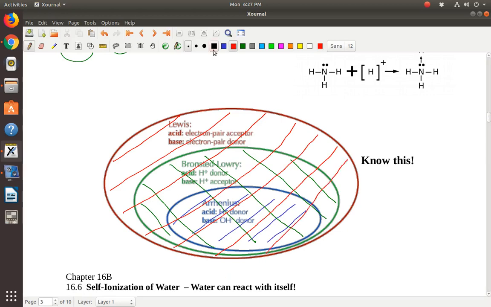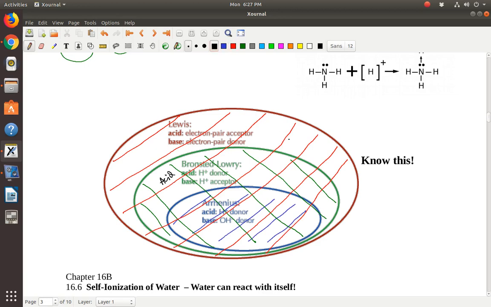Okay? So if I have an acid right here, is it an Arrhenius acid? Well, no, because it's not inside the Arrhenius circle. It could be if it was right there, because right there it could be a Bronsted-Lowry acid and an Arrhenius acid. Is it a Lewis acid? Yes, because everything is inside the Lewis circle.